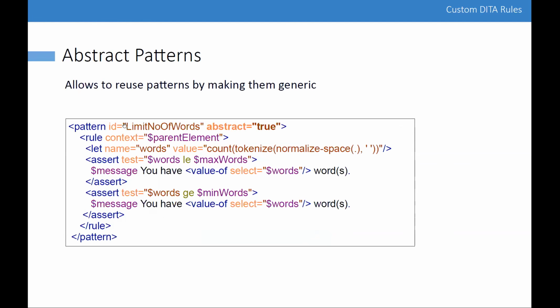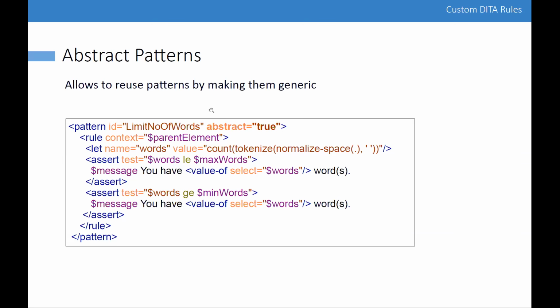And this says the limit number of words, and you see that I have a variable for the parent element here, and also for the maximum words, for the minimum words, and for the message that is provided to the user. And this abstract pattern has an ID and also has this attribute set to abstract true.